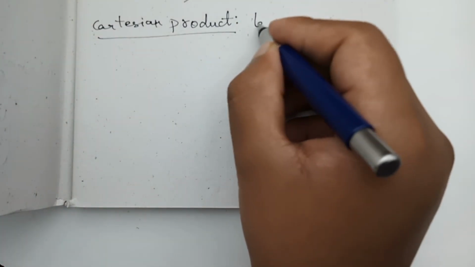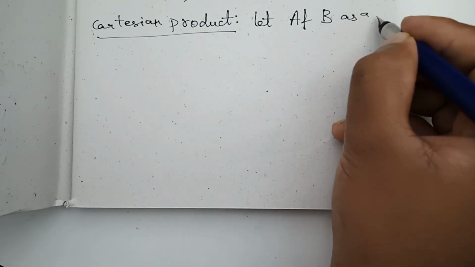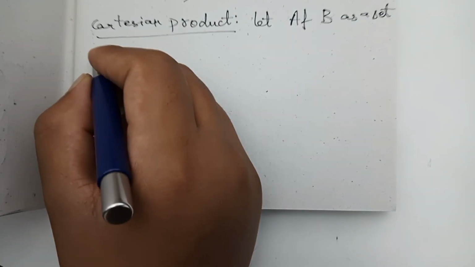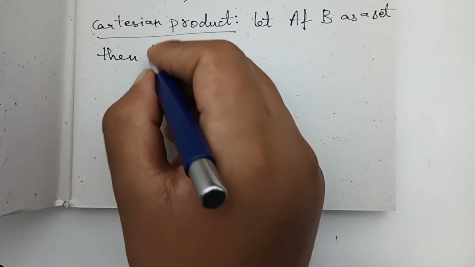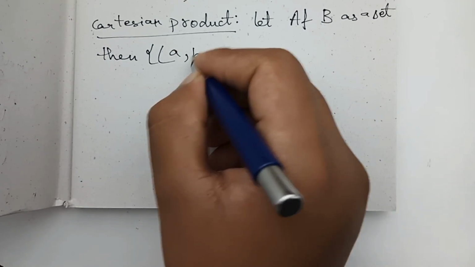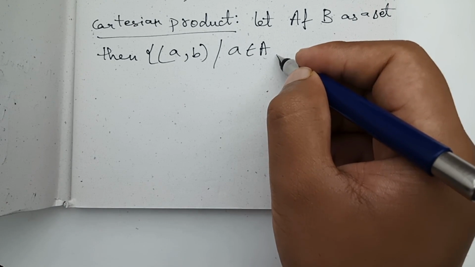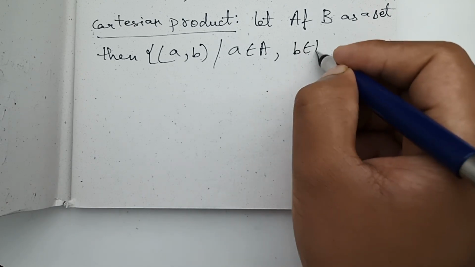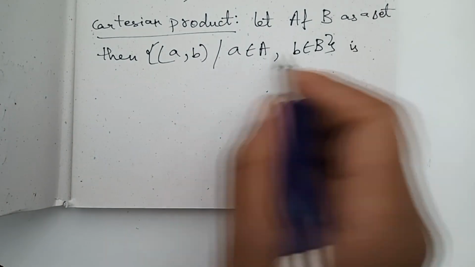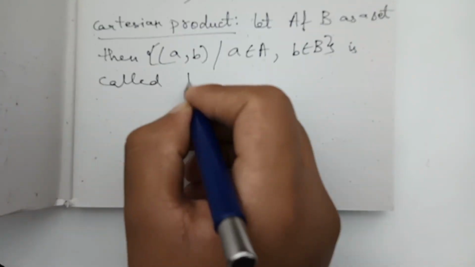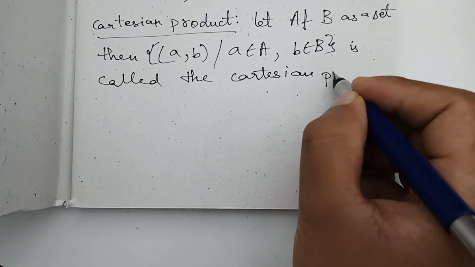Let us take two sets A and B. Then we should check the condition, that is the pair (a, b) such that a belongs to capital A and b belongs to capital B. Then it is called the Cartesian product.